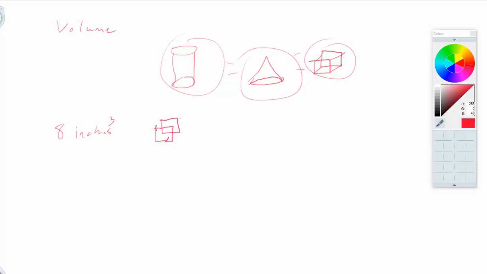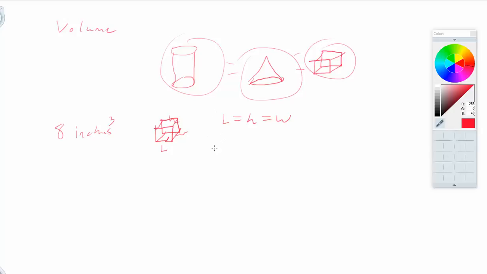A cube has 3 dimensions. It's got length, width, and height. But the thing about a cube is the length equals the height, which equals the width. So they're all the same.